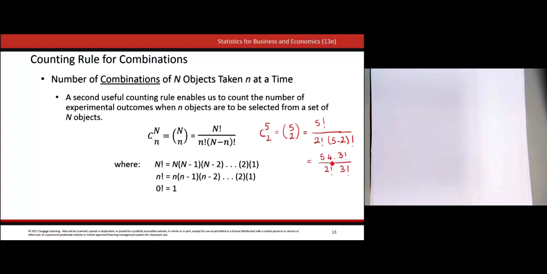So you know what 5 factorial is? 5 factorial is 5 times 4 times 3 times 2 times 1.